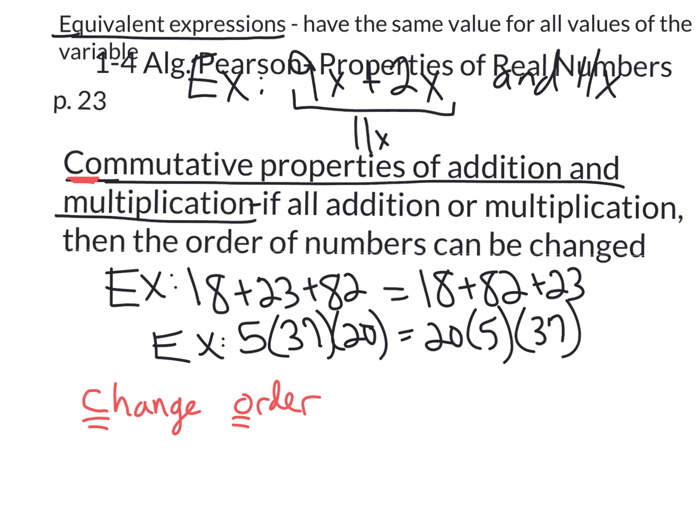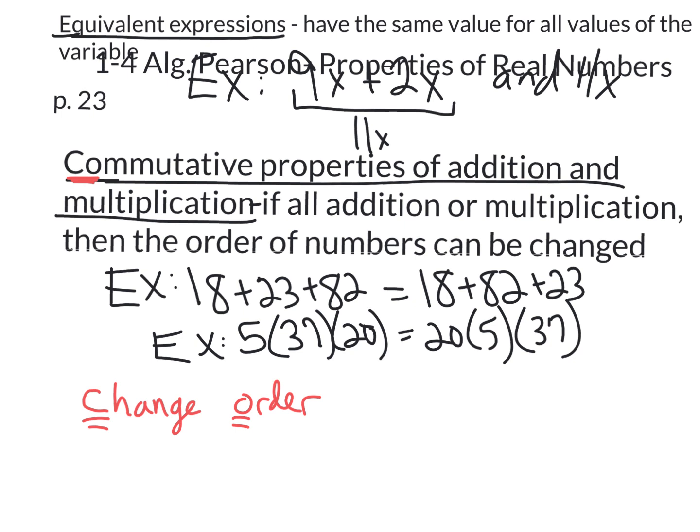Commutative property says, wait a minute, it's all just multiplying. We can change the order if we want. We can make it 20 times 5 times 37. That's a lot nicer because 20 times 5 is 100, and then 100 times 37 is 3,700. Okay, so I know those are pretty dramatic examples, but that's the commutative property.